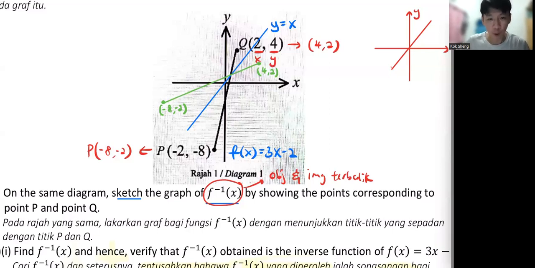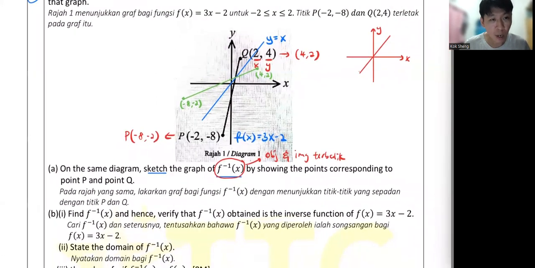Not too hard, just remember this: inverse means object and image swapped. So part A is done. After you draw the green line and label the new points P and Q, it's finished.